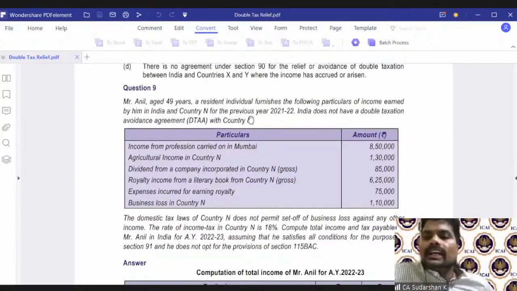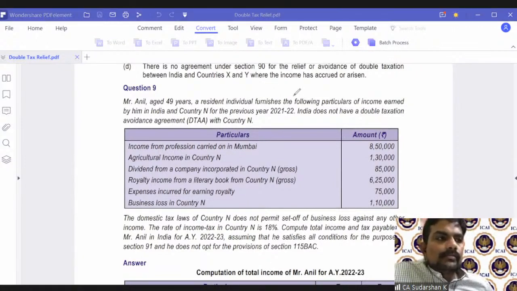Now, the only aspect to watch out in question 9 is, obviously, you need to be familiar with the fact that you can claim deduction under section 80QQB. So this being a past exam question, the idea of the examiner was to again test your knowledge on chapter 6A deductions as well.